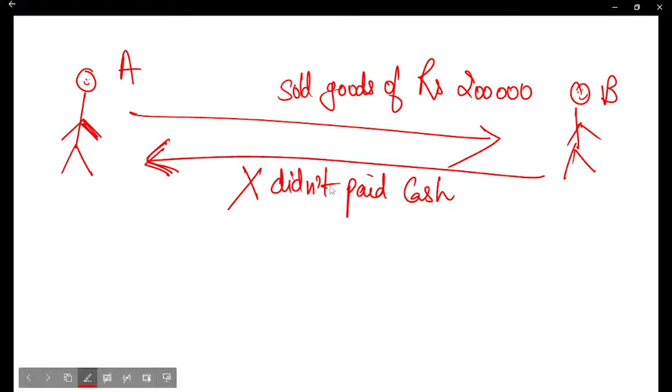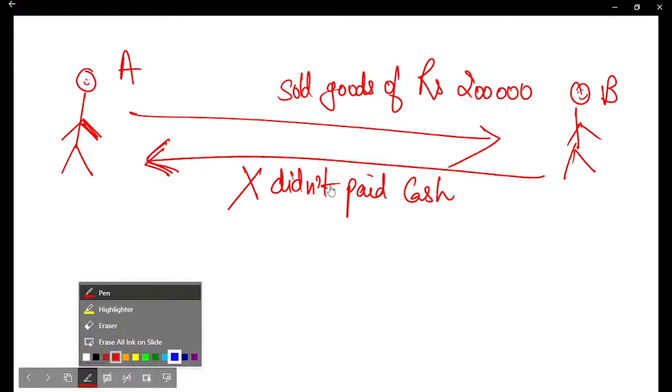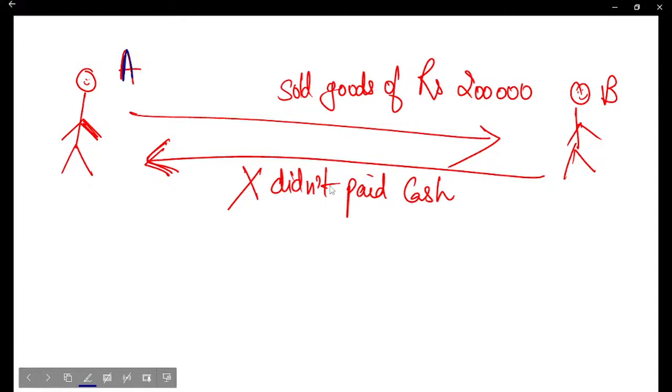So what we did in the previous class, I told you that Mr. A will have trust issues, उनको क्या होगा, भरोसा नहीं होगा. I can't trust B that whether he'll pay my money or not.